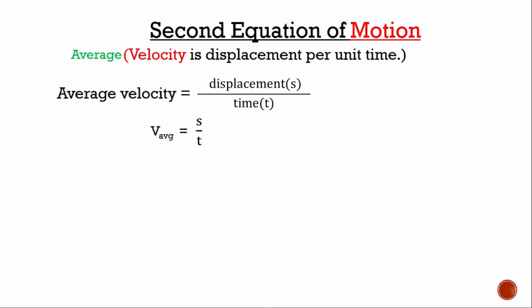Now average velocity can also be found out by this formula, where U is again the initial velocity and V is the final velocity. Let me explain.